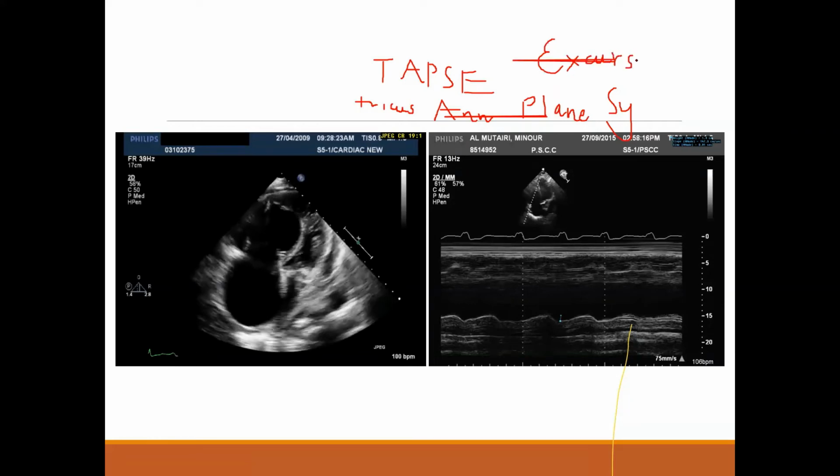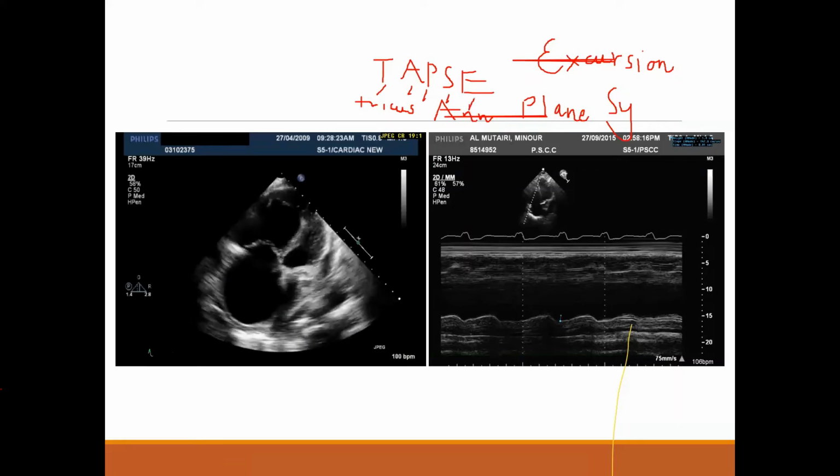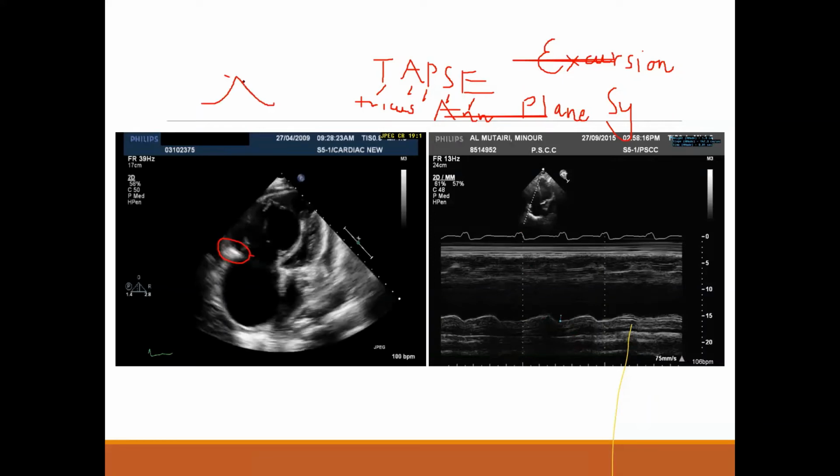I'm so sorry for the handwriting and all of that. So this is tricuspid annular plane systolic excursion. It is simply that, because this is the tricuspid annular plane, and what we are measuring is the systolic excursion. So we are measuring how much it goes up in systole.